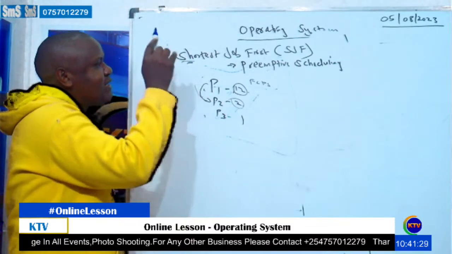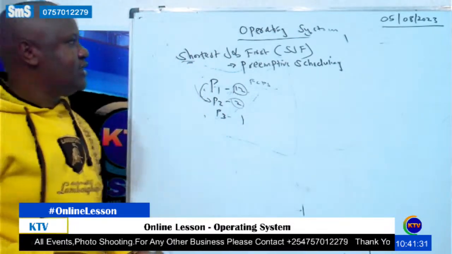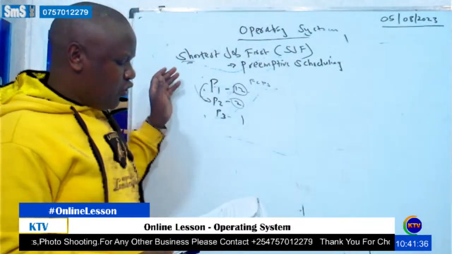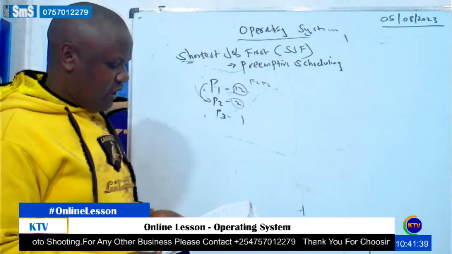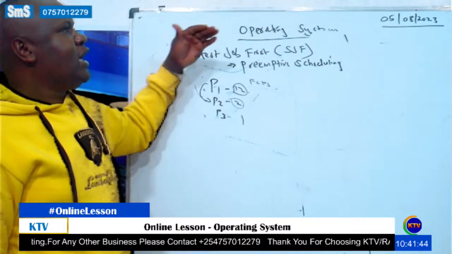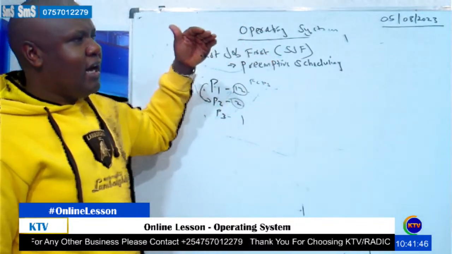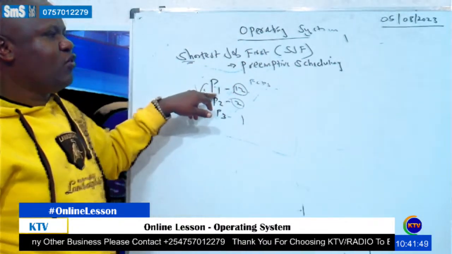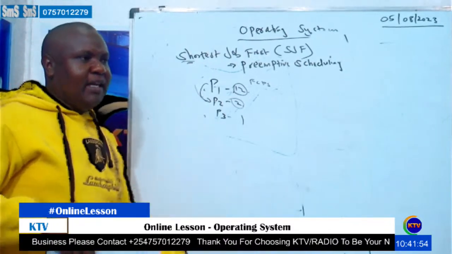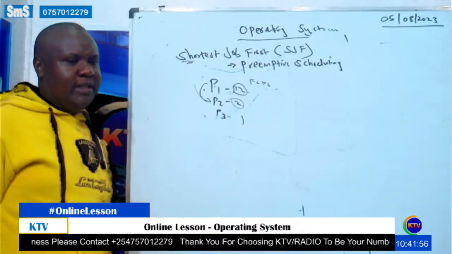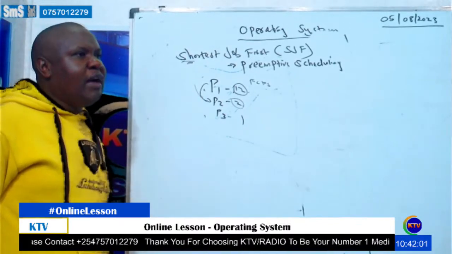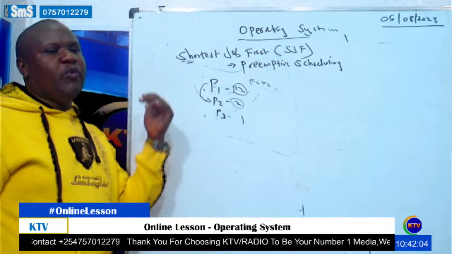That's why we are saying that shortest job first is the best. However, it can lead to starvation of processes with large burst time. Such a process is likely to starve because other processes keep coming in and are allowed in. You are kept waiting until every other process has completed, and you are the only one who has not completed.